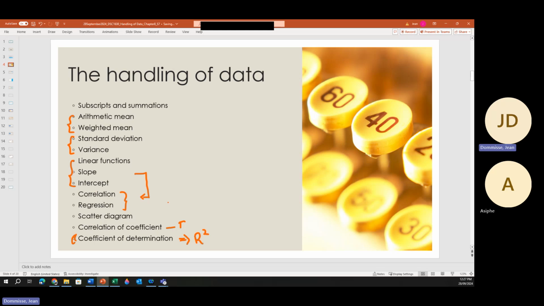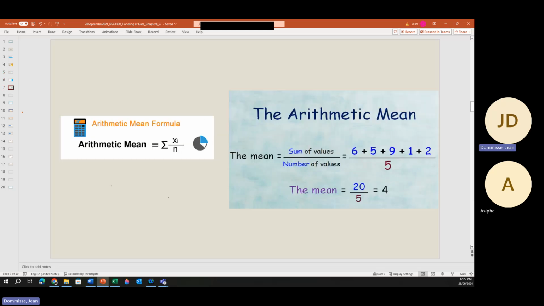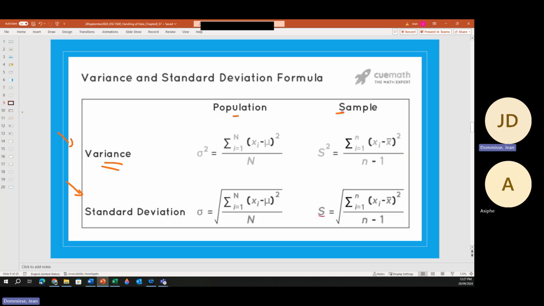Okay, so if you ever have a question around that, please share the last assignment you did, so that I can see if they have asked anything else around that. Okay, so that is it for today. We just remember again how to work out the mean, standard deviation, and variance.